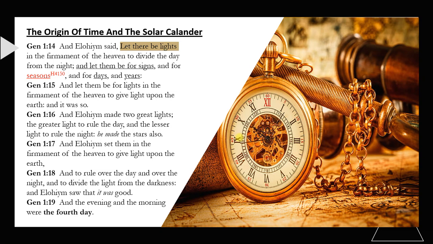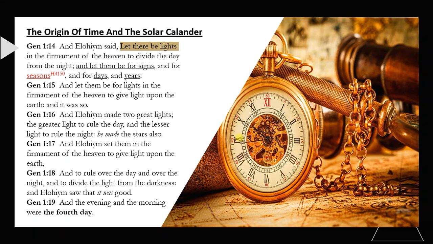And Elohiym said, let there be lights in the firmament of the heaven to divide the day from the night, and let them be for signs, and for seasons, and for days, and years. And let them be for lights in the firmament of the heaven to give light upon the earth. And it was so. And Elohim made 2 great lights, the greater light to rule the day, the lesser light to rule the night.